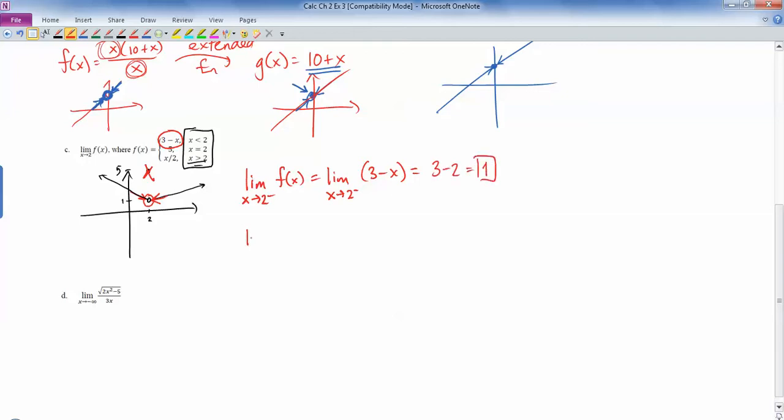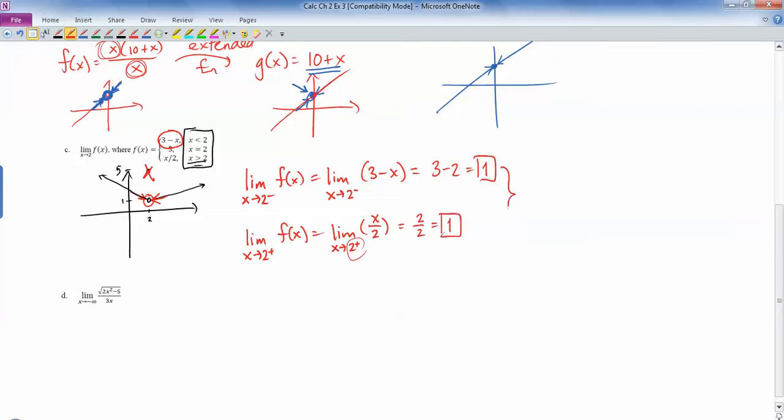And then if I look at what happens on the right side, the right side uses the x over 2 function, and x over 2 is a continuous function. So if I'm just looking at the right side of 2, that's the same thing as just plugging in the 2. So that's going to be 1.